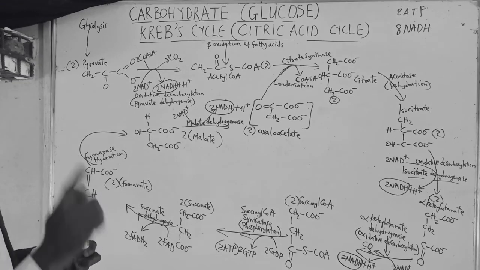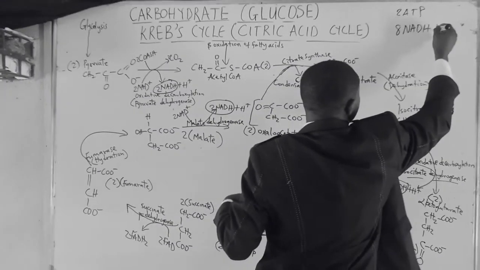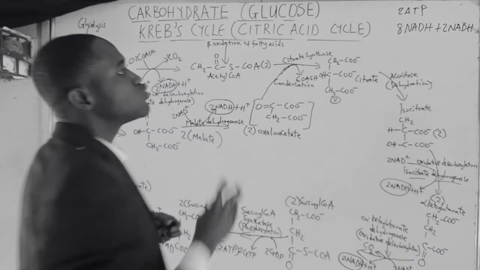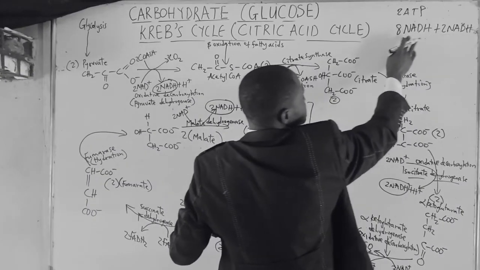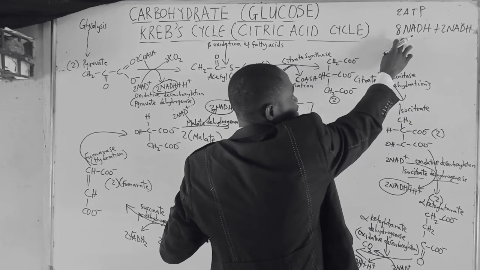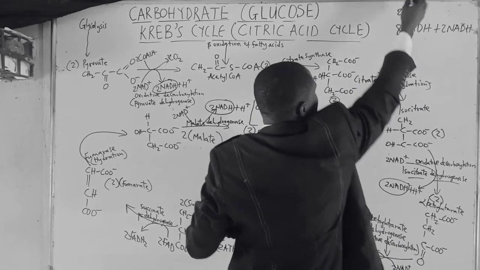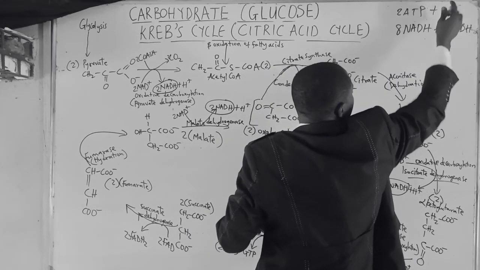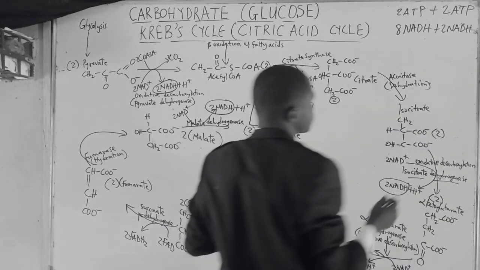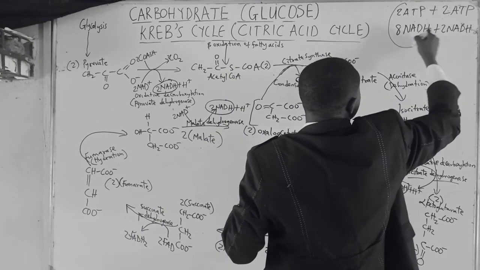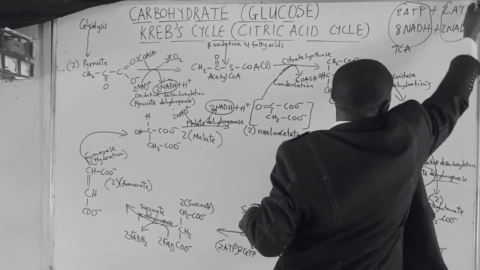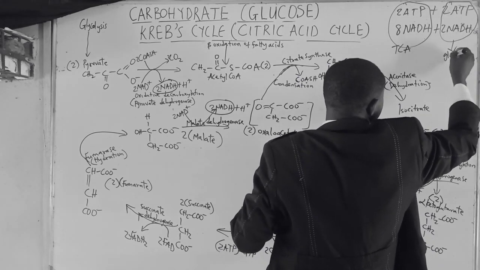Now remember, in glycolysis we have extra 2 molecules of this there. This is from glycolysis and this is from the TCA cycle. In glycolysis, we also have 2 molecules of ATP produced. So this one here is from TCA, while this one here is from glycolysis.